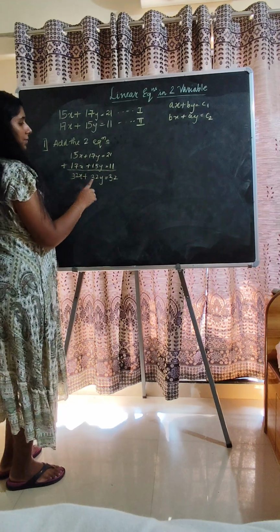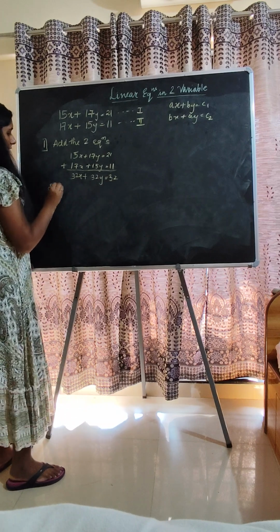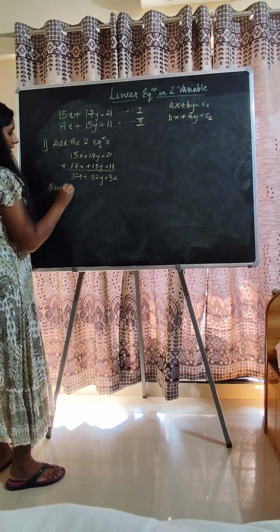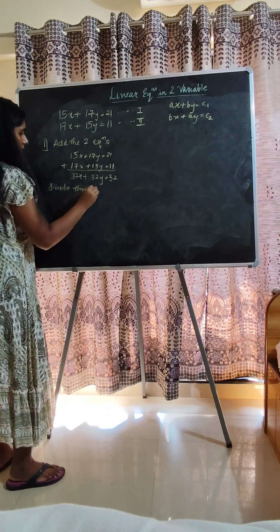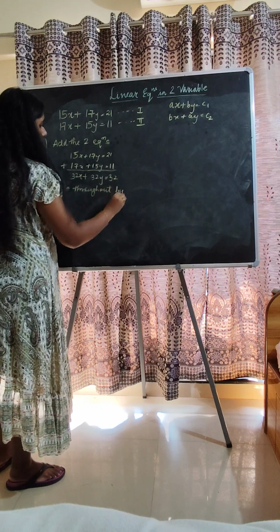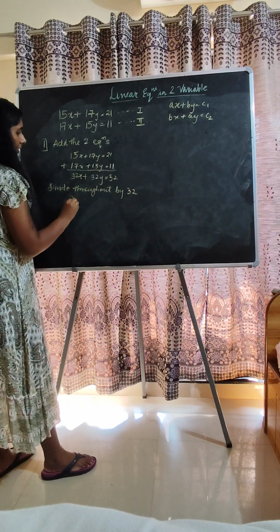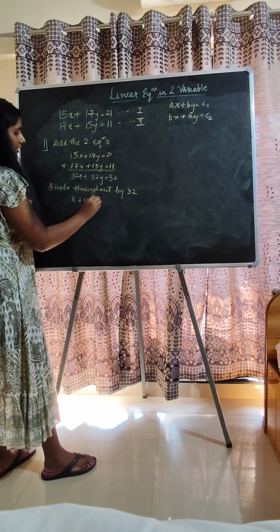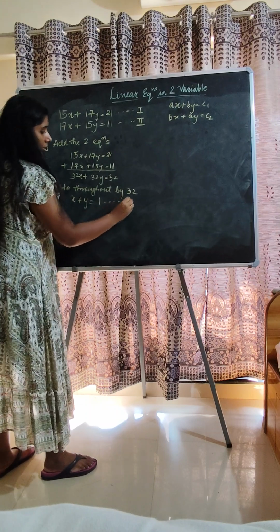So we get 32x plus 32y is equal to 32. Now you need to specify divide throughout by 32. When you divide throughout by 32, you will get x plus y is equal to 1. So this is your third equation.